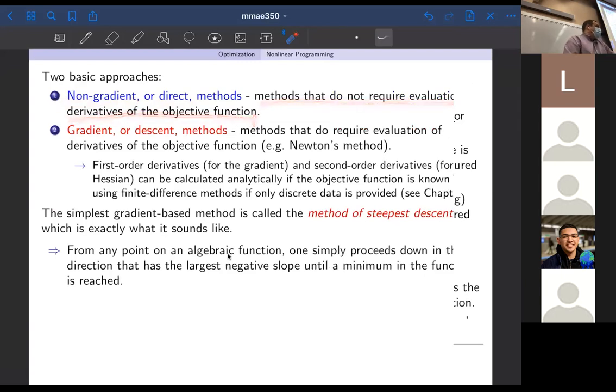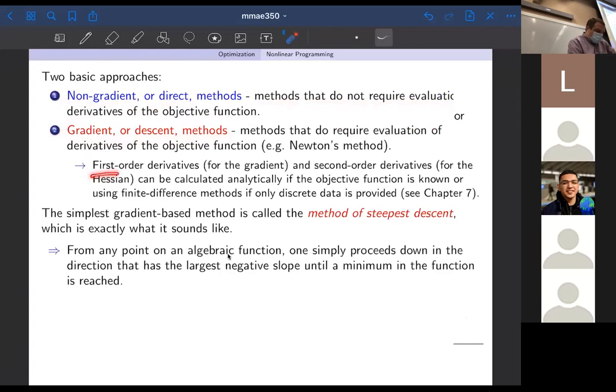So there are some advantages to that, but we'll primarily focus on the second approach where we do use the gradient methods or descent methods. So these are going to be like Newton type methods, but now in potentially multiple dimensions, not just one dimension. So we're going to have first order derivatives, as we already have. That's what makes up the gradient vector. We're also going to have second order derivatives. Those are the curvatures. So just like in the 1D case, to get the necessary condition, we had to look at the curvature to see whether it was a minimum or a maximum.